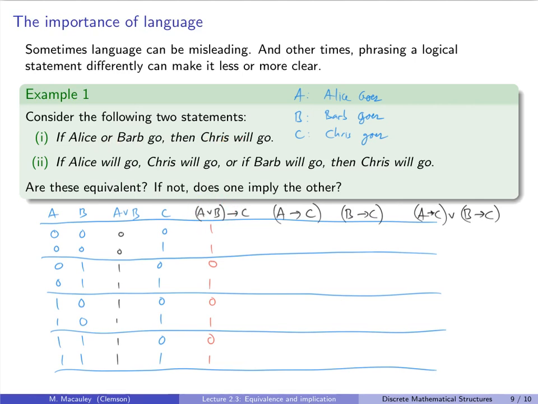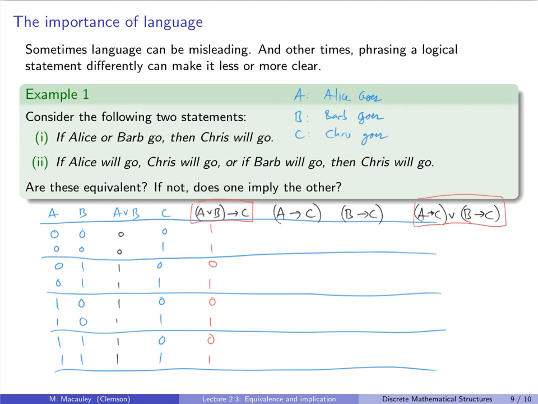That's this first one right here. So let me circle that, or box that. And then the next statement, if Alice will go, Chris will go, or if Barb will go, then Chris will go, is this second statement right here. Okay, so let's keep going.